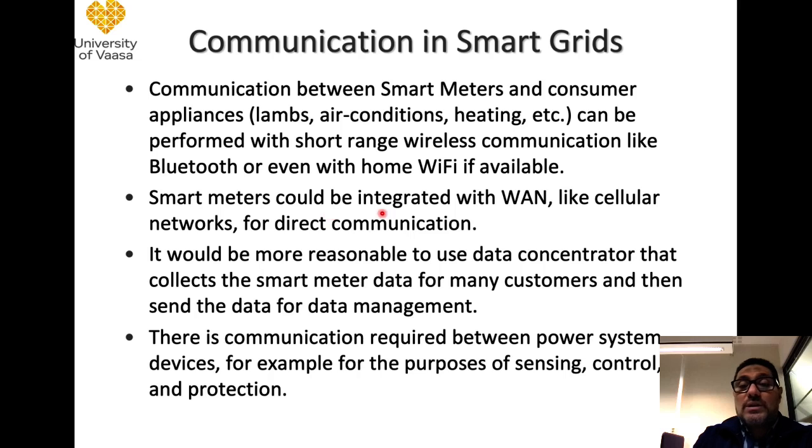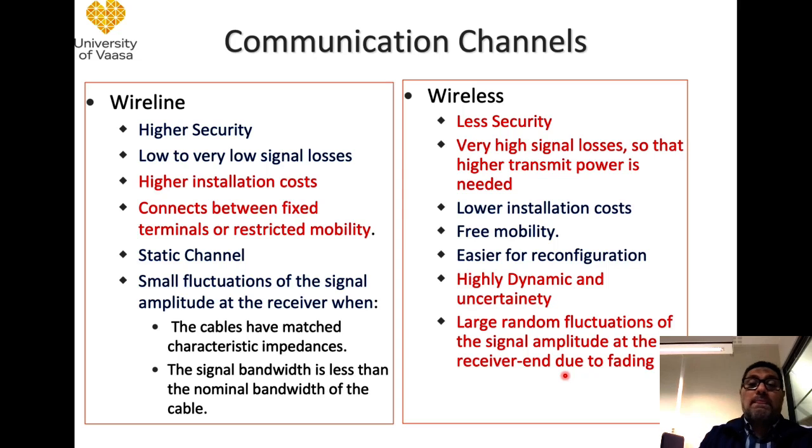Smart meters could be integrated with a wide area network like a cellular network for direct communication. And as I said in the beginning, we can also use a concentrator to first collect data from many smart meters before they transmit it together. And there is also communication required between power system devices, for the purpose of sensing, control, and protection.